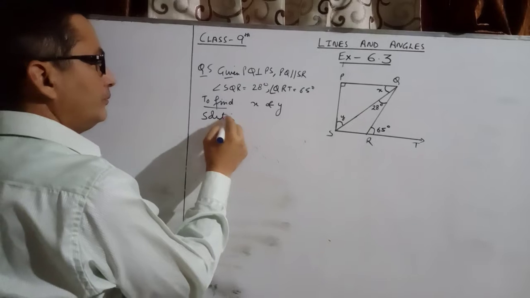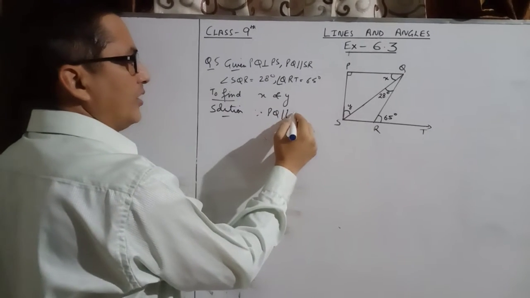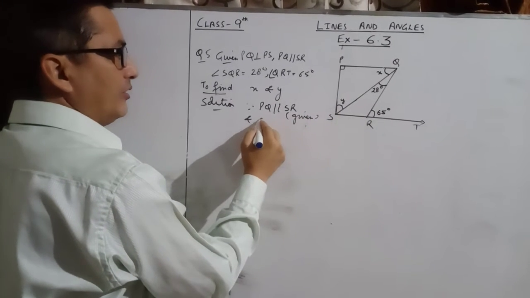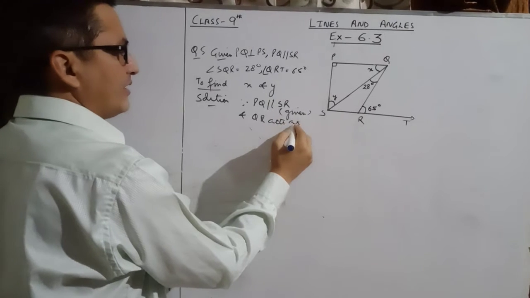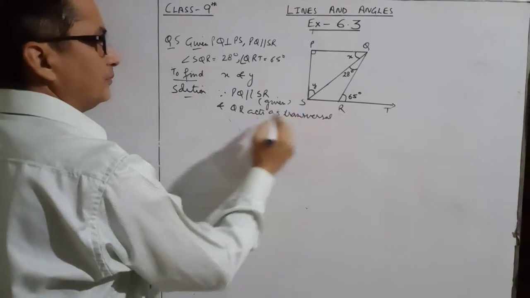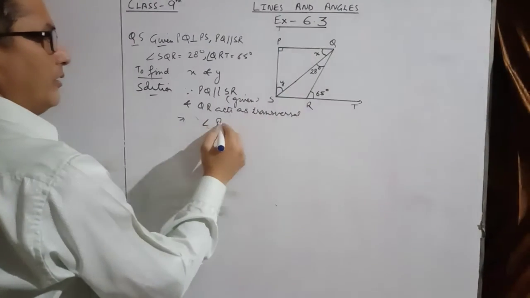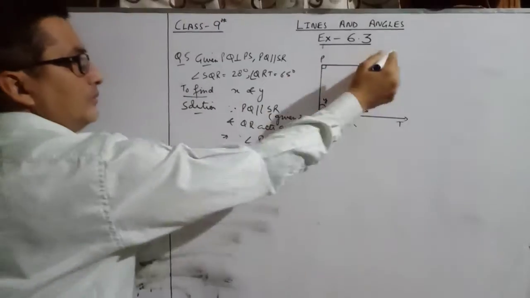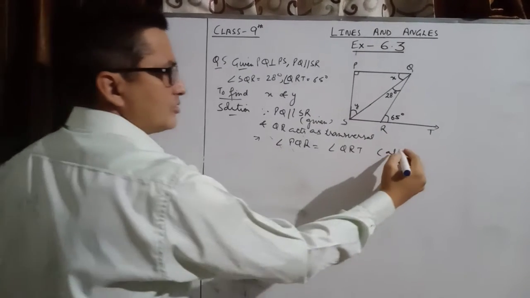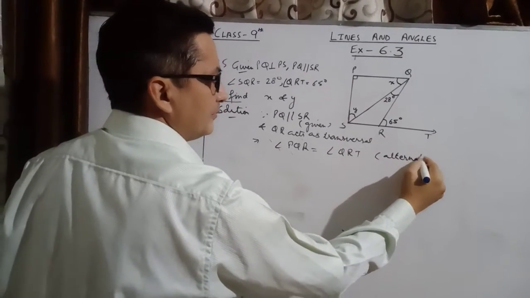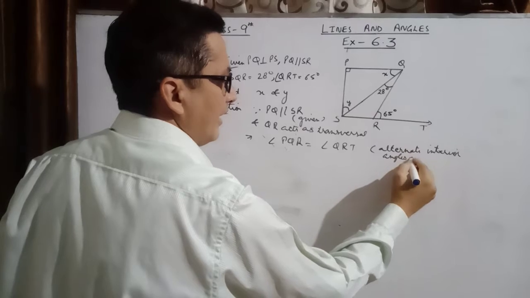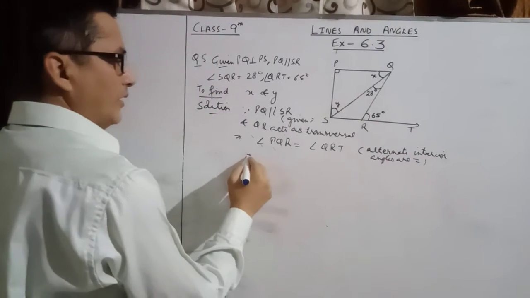So since PQ is parallel to SR, which is given to us, and QR acts as transversal, this means angle PQR and angle QRT are equal. Reason, because alternate interior angles are equal.